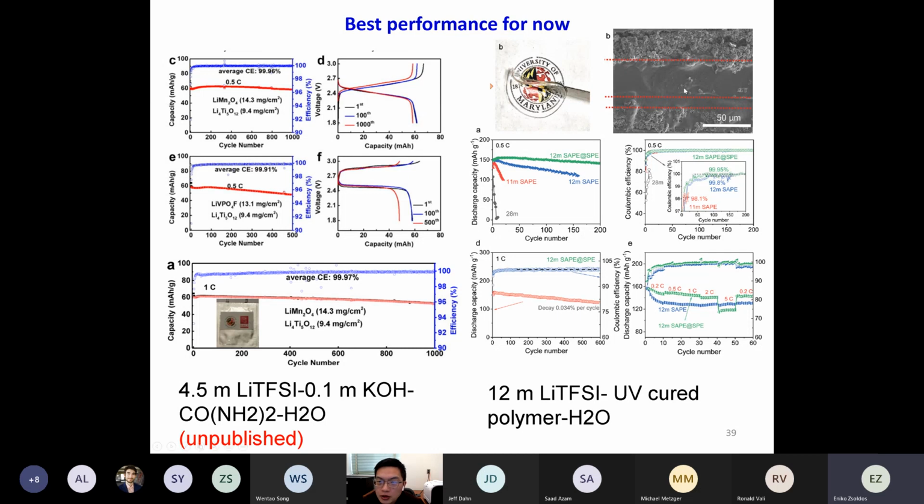Yes, thank you for your question. So actually, we cannot call it a polymer electrolyte because it doesn't look solid, but it's actually still a hydrogel electrolyte, which means the polymer is still polymer and the liquid electrolyte is still inside. So I think it didn't really change the structure of the liquid side.